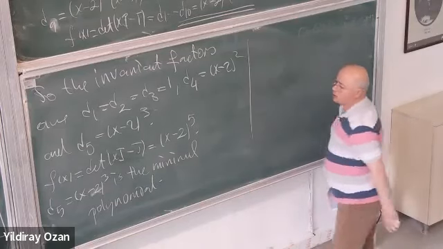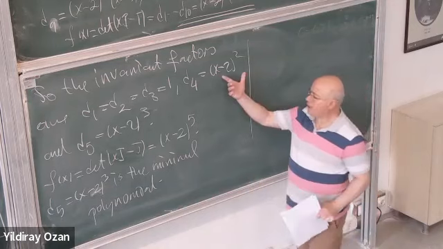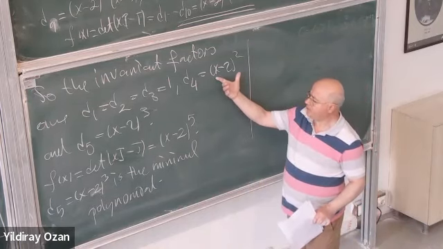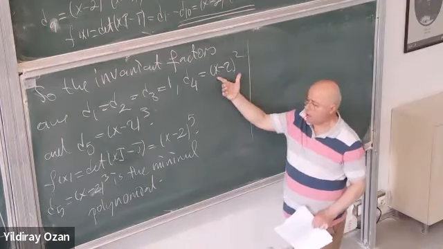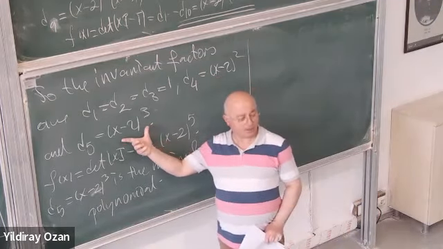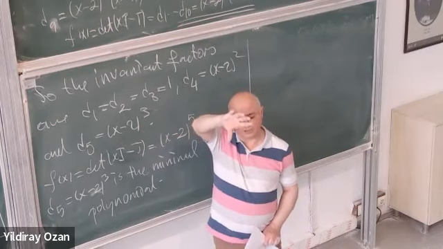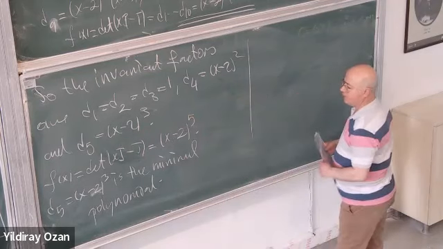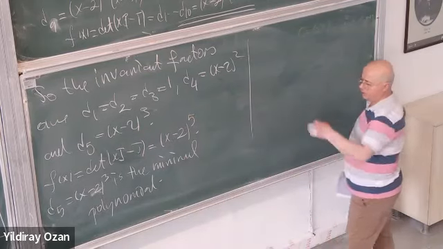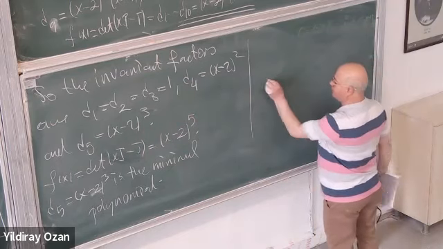And what is the Jordan canonical form? Well, we have only one eigenvalue, and this gives us a 2 by 2 Jordan block, and this gives a 3 by 3 Jordan block. So we have a block of size 2 and size 3, and that's it, right? In total they give us a 5 by 5 matrix.